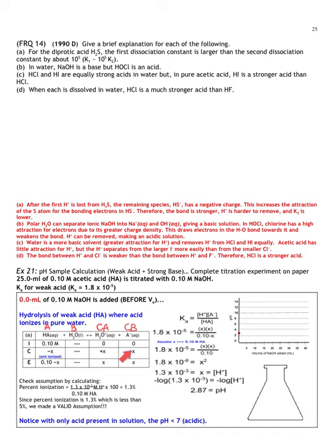So the conjugate acid and the conjugate base. As a result, we add these two columns and end up with 0.10 minus x. We don't care about water because water is not going to affect equilibrium. And then, of course, the two ions that make up this acid here.